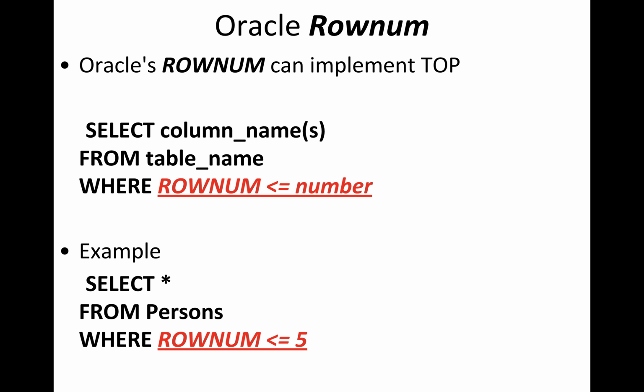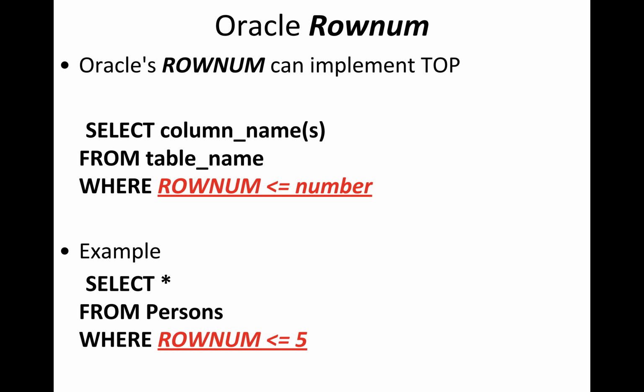Rownum literally enumerates the records that come back from a particular query, gives them a number dynamically, and then you can ask, I only want the records where Rownum is less than 5, right? Which is almost equivalent to limit. Right? You have now this virtual field that is added to each record, right? So that you can then filter using Rownum.